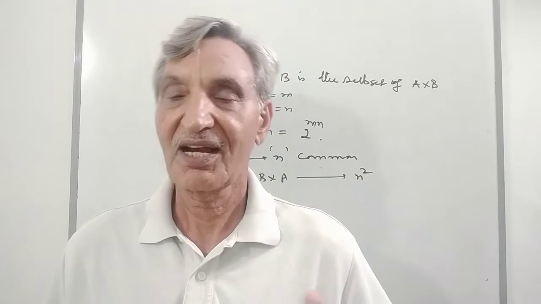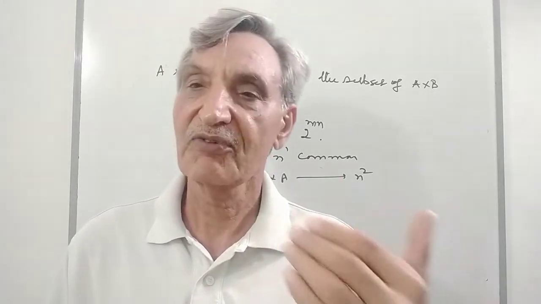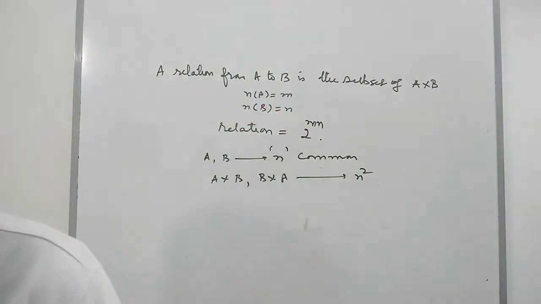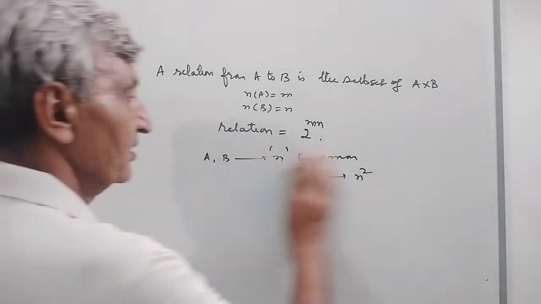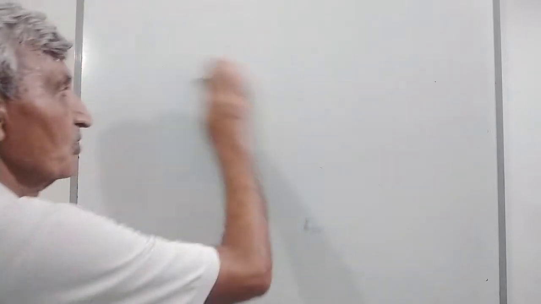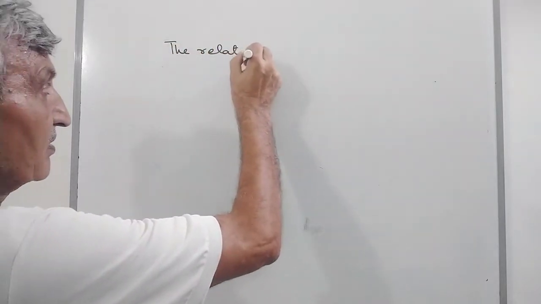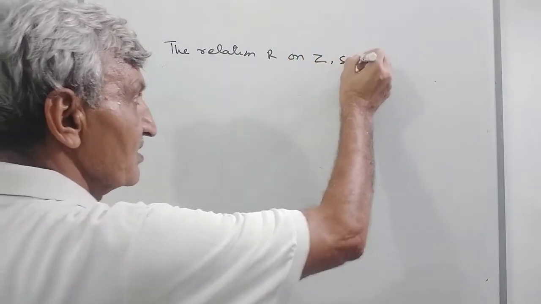With this, I'll give you 2-3 examples for symmetric, reflexive and transitive. Let me write down the question. Question number 1: a relation R on Z, where Z is the set of integers.